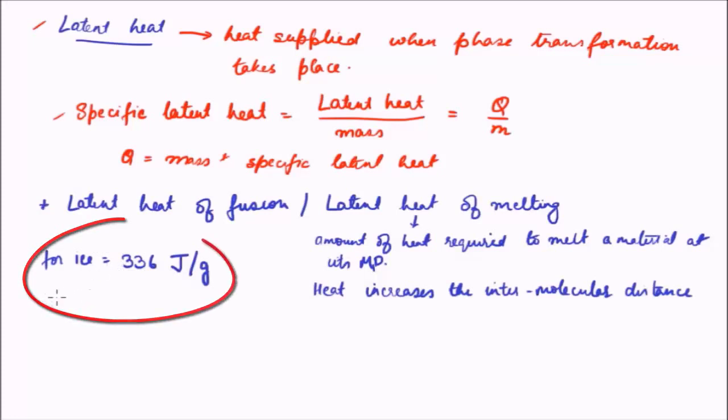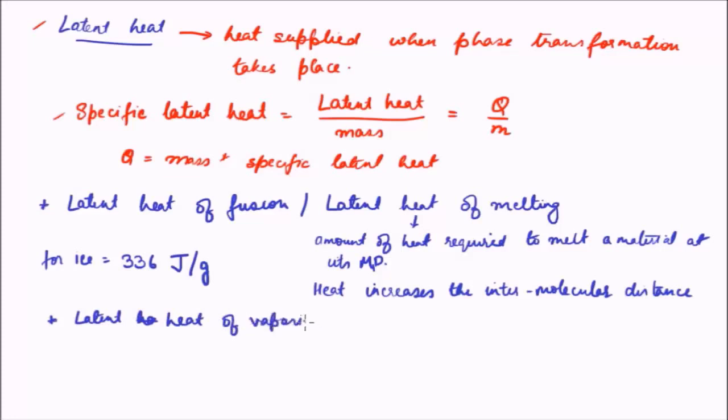Let us see another term, latent heat of vaporization. Vaporization: ZATION or SATION. Normally in Indian English we write SATION. So latent heat of vaporization is similar to latent heat of melting.